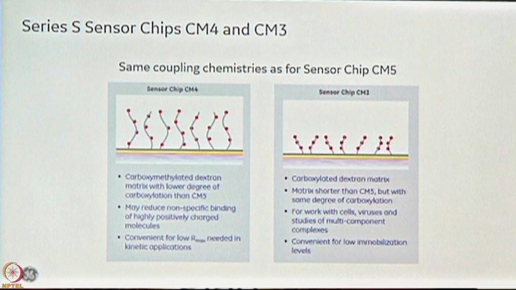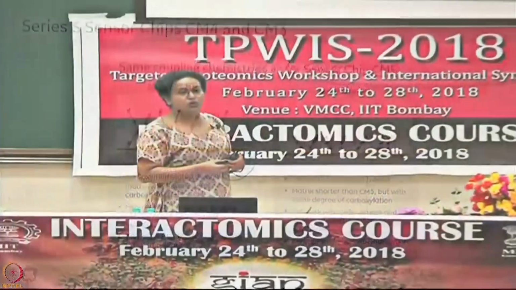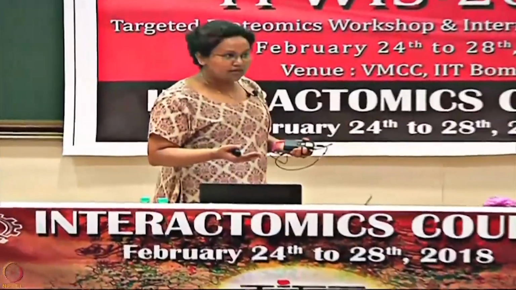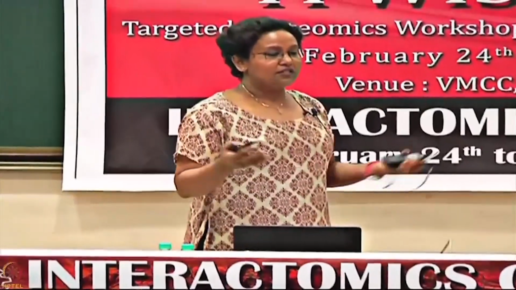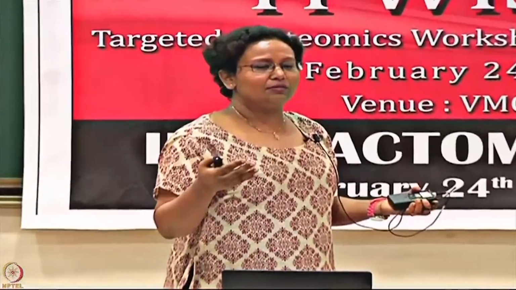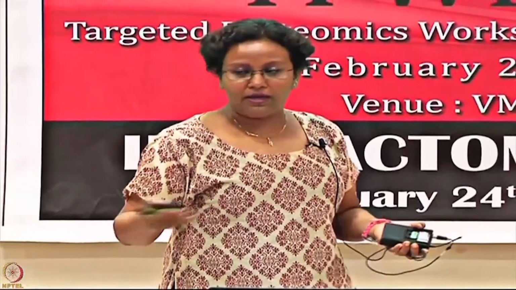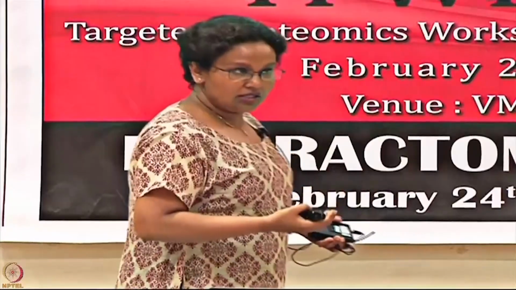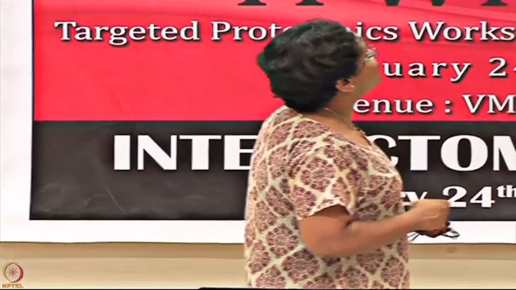This is used mostly if you want to work in a low Rmax region. If you have a CM5, sometimes it is difficult to attain low Rmax, whereas in this case it's much easier to attain the low Rmax.